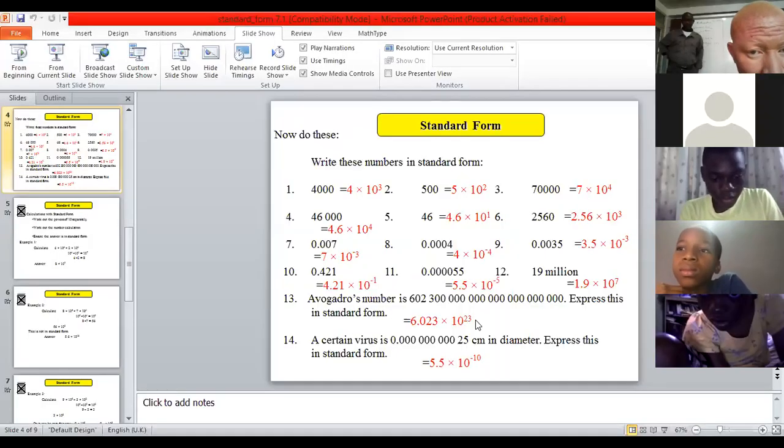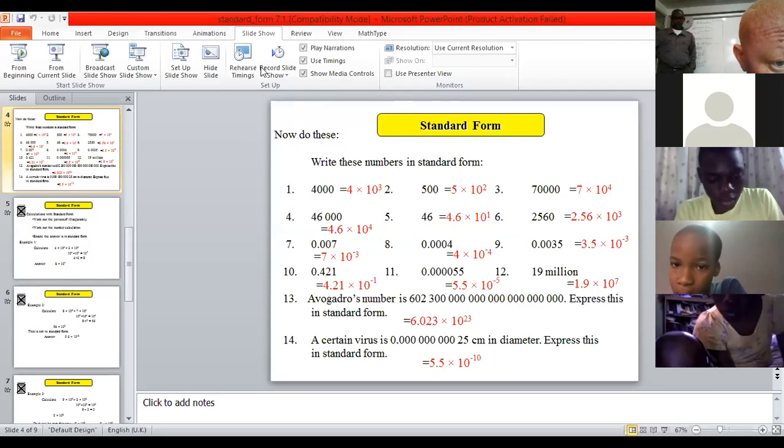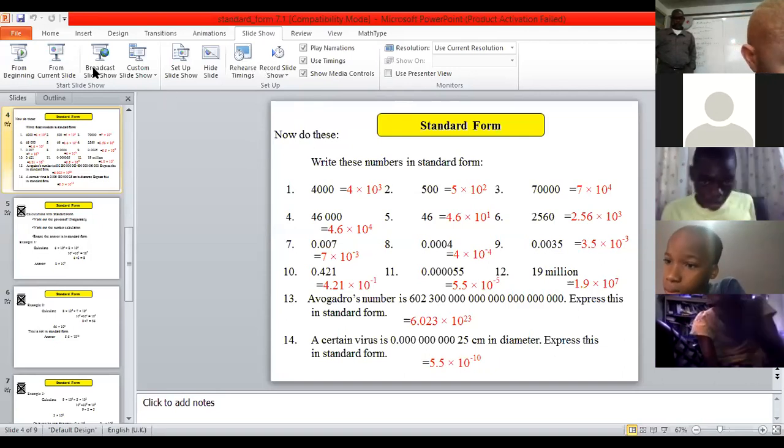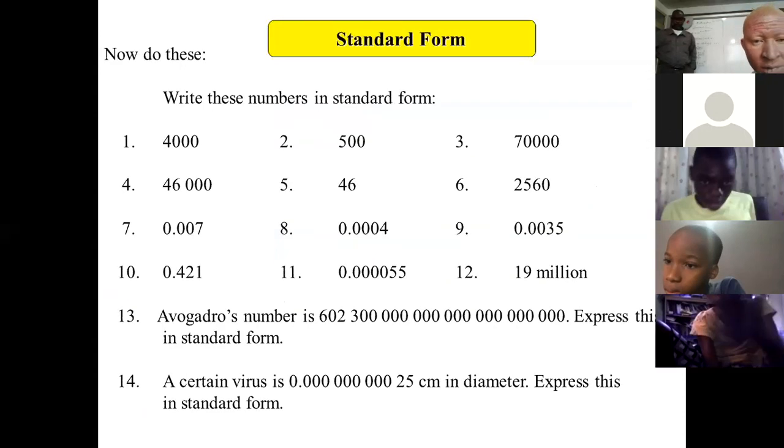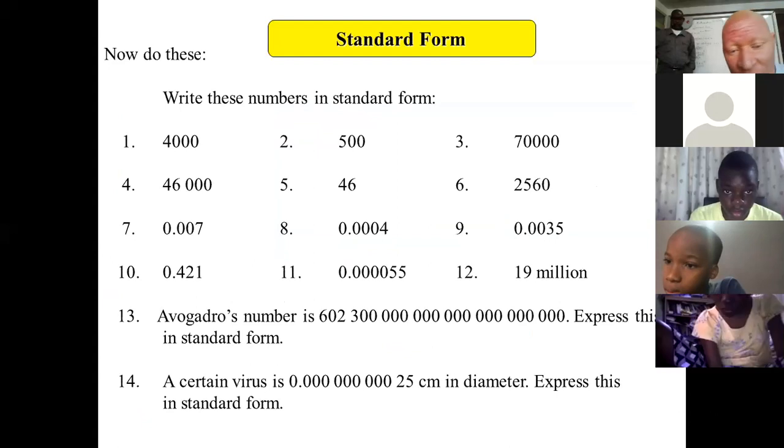All right. Okay, so we have our answers here shown. Number one, I think some people already solved it. So what I have is 4 times 10 raised to power 3, which should be correct in your own book if you have done it well.